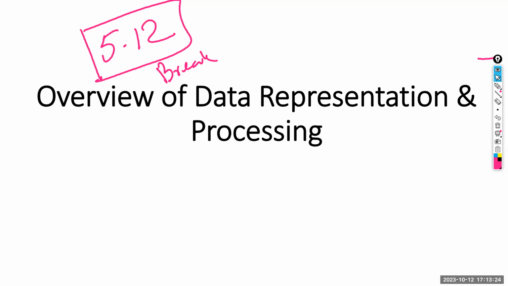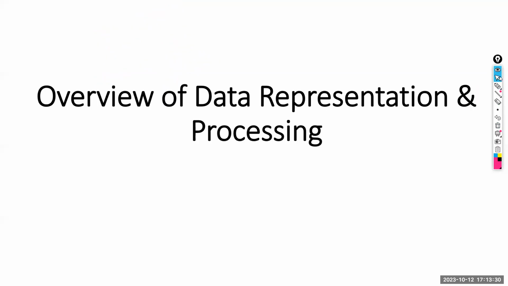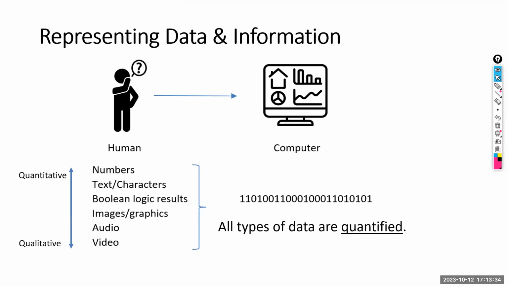Now you already know that for a computer, everything is a binary number. For us, numbers are one particular concept. Characters or letters are another concept. Images are another concept. You can remember a scenery.